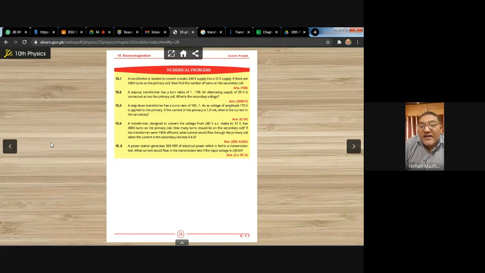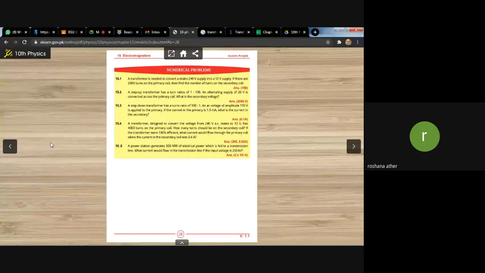So here, in the primary, the turns will be higher, and in the secondary, the number of turns will be less. So the NP value is 100 and the NS value is 1. Do you understand this first sentence, the statement of the numerical?